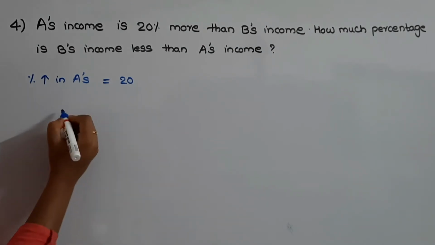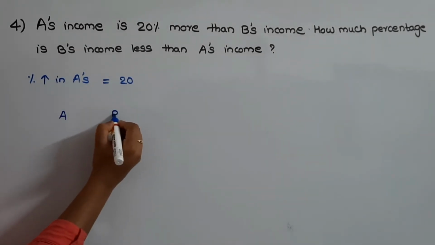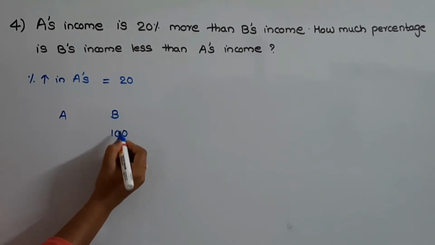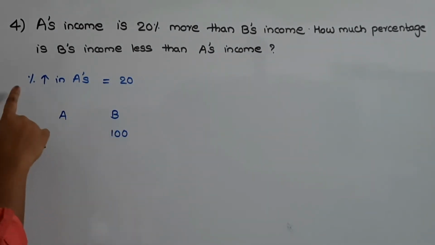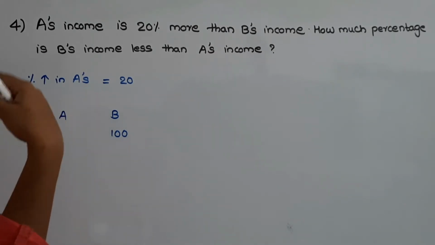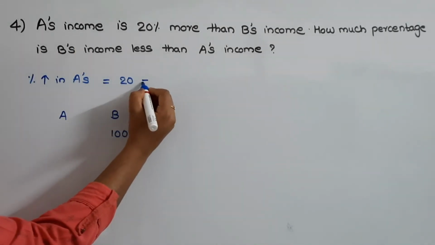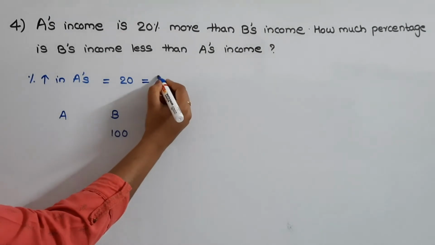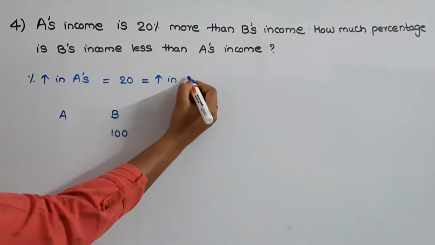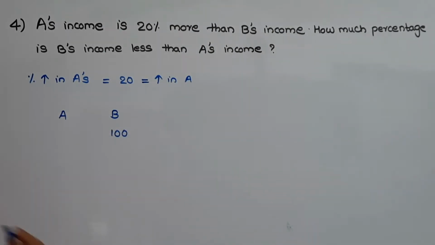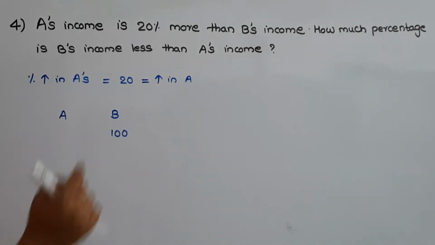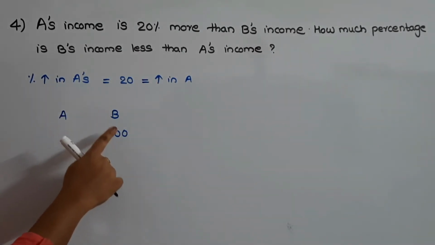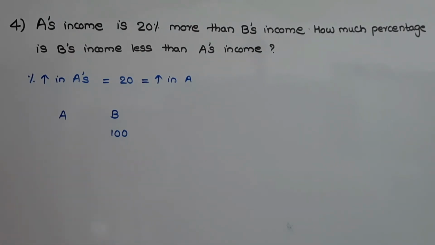Okay. So, let us consider B's income as 100. Okay. So, whenever we are taking B's income as 100, percentage increase in A's income than B's income will be equal to the increase in the income of A than B. Percentage increase will be equal to the increase in the value whenever we are taking B's income as 100.